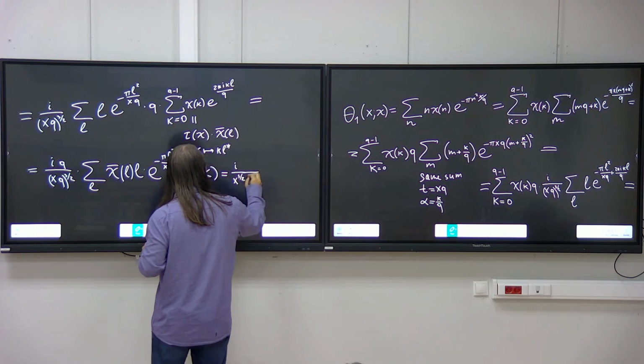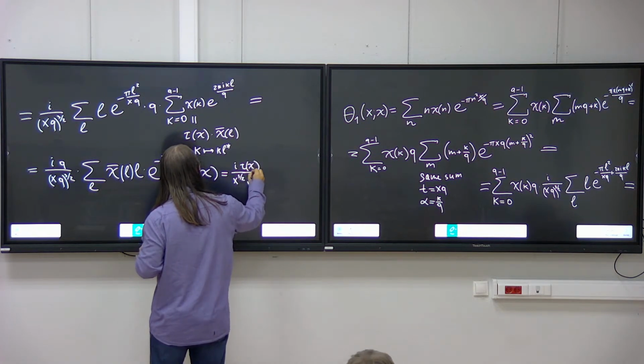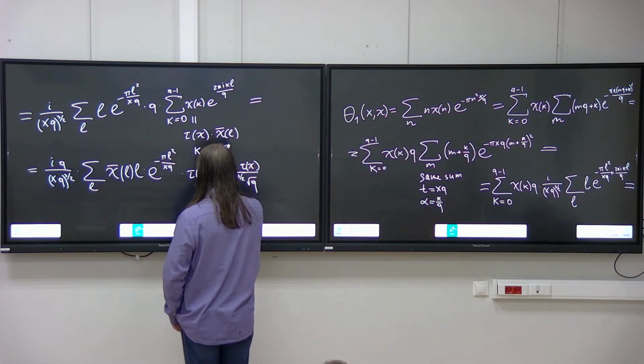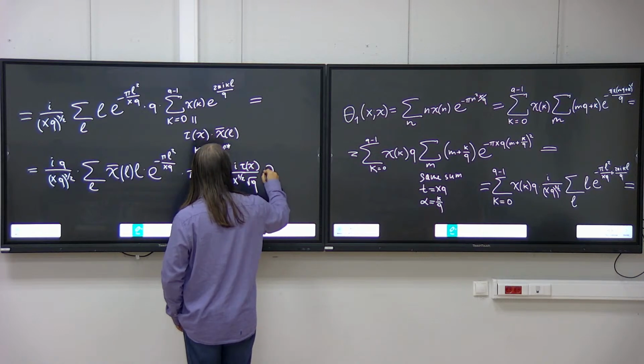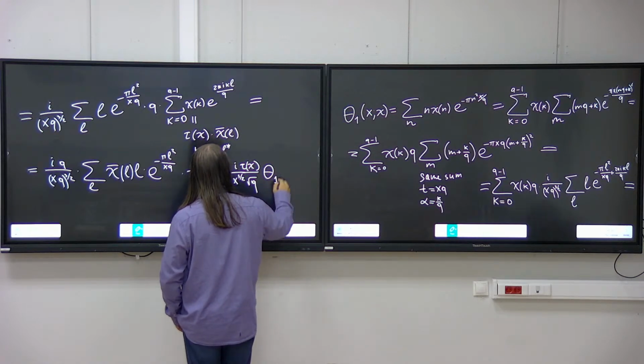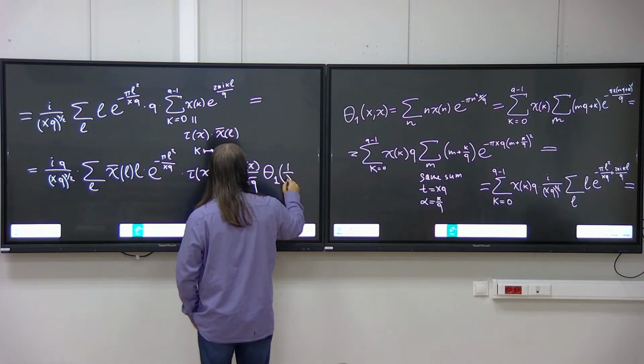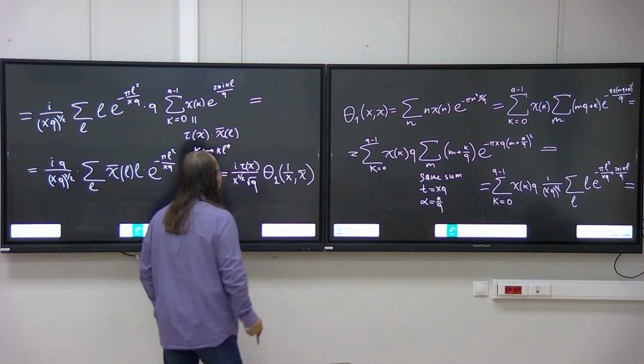Square root of q, then you have tau of chi, and then you have theta 1 of 1 over x and chi bar, right?